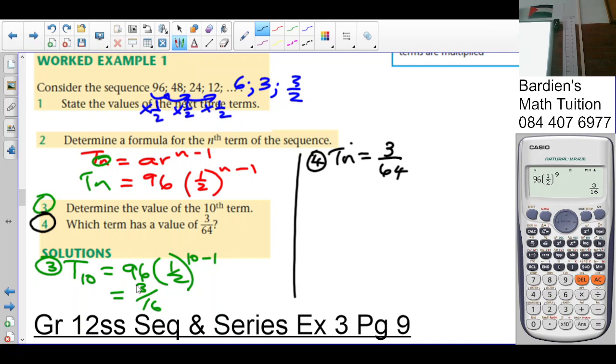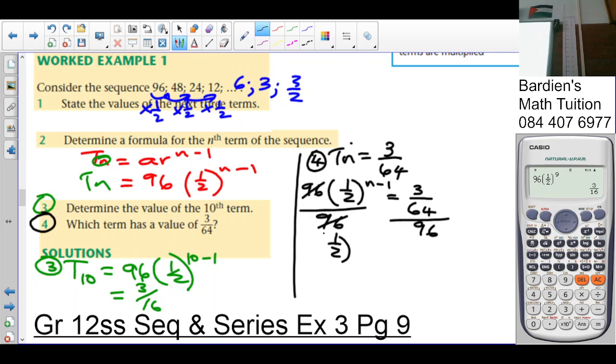So 96 into a half to the n minus 1 is equal to 3 over 64. Is that slow enough? Yes. Okay, now what do we do? Divide by 96 on both sides. That cancels. So it's going to be a half.